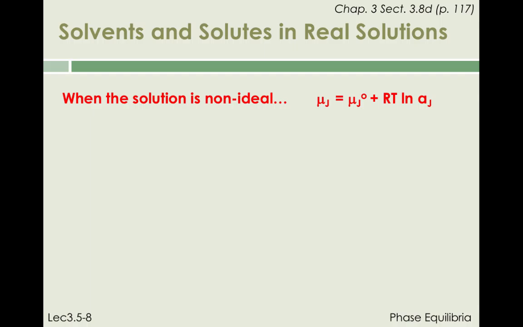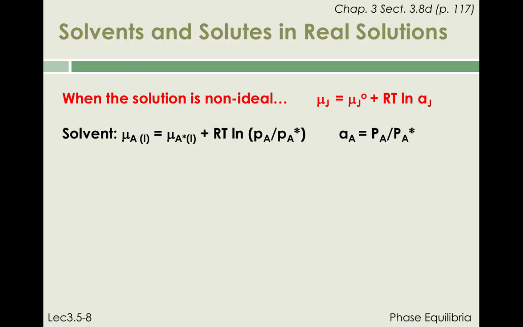Before introducing Raoult's law and ideal solutions in lecture 3-4, we had actually derived a general expression for the chemical potential of any component of a solution and written for the solvent A, the chemical potential of A in solution equal to the chemical potential of pure A plus RT times the natural logarithm of P_A over P_A star.